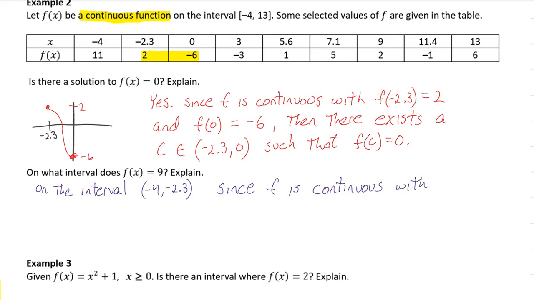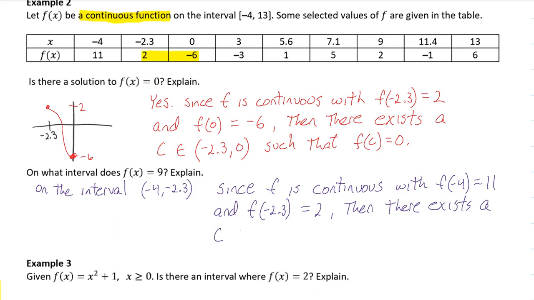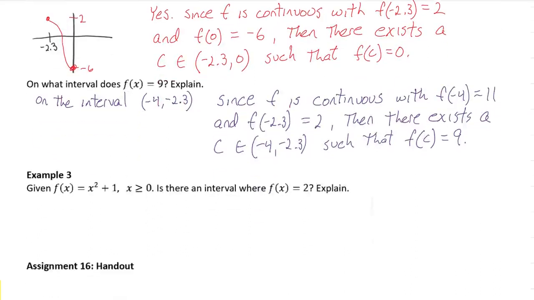With f of -4 equal to 11 and f of -2.3 equal to 2, then there exists a value of c in the interval from -4 to -2.3 such that f of c is equal to 9. All right, we're basically saying the same thing every single time.